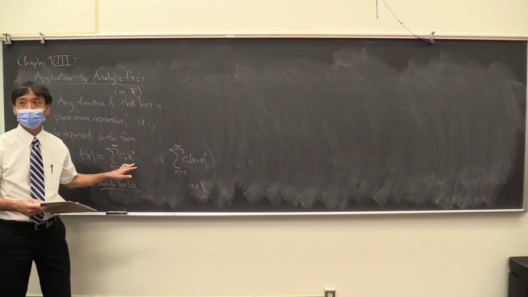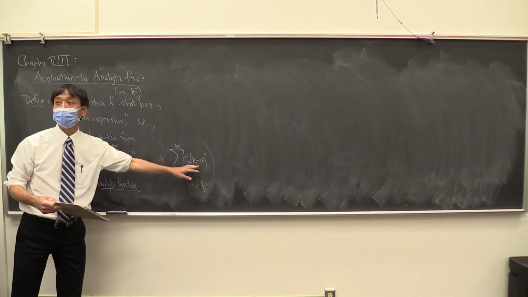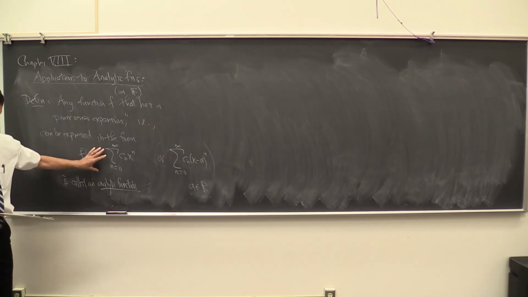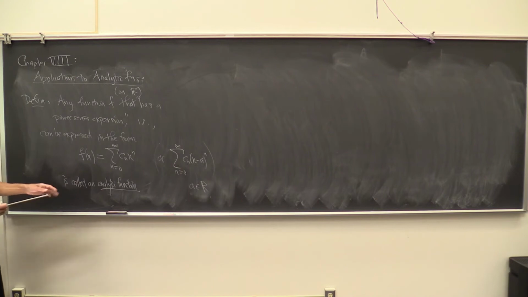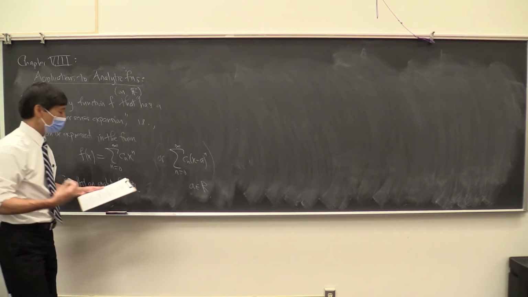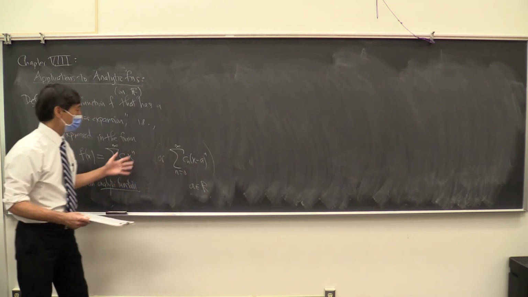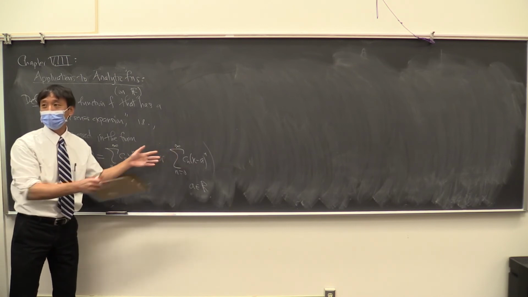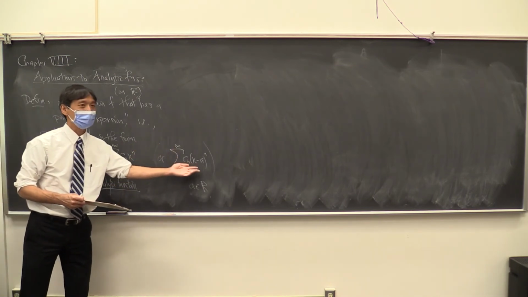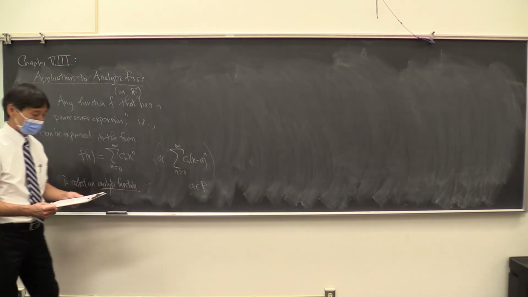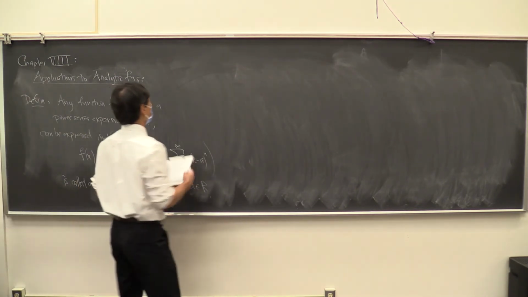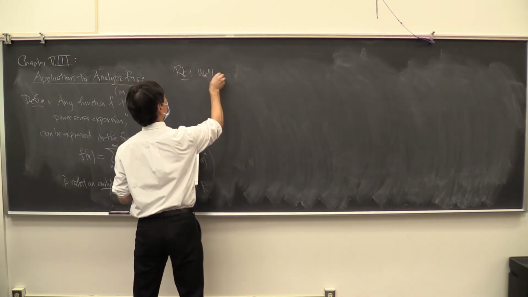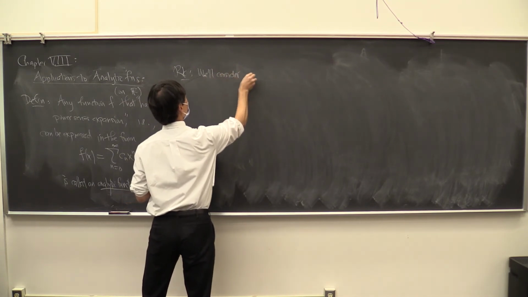But anyway, they're just power series centered at 0 or centered at some other point. And any function that's expressible like this is called an analytic function. In the book, for simplicity, we're only going to deal with the ones centered at 0. The theory, of course, easily translates to the series centered at some other point. So, remark: we'll only consider the cases when a equals 0.